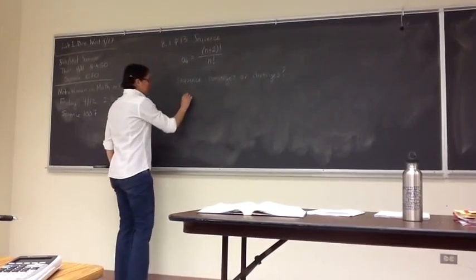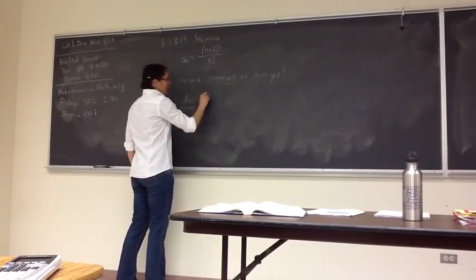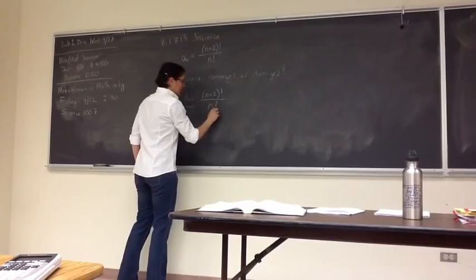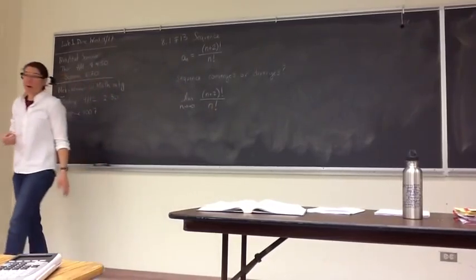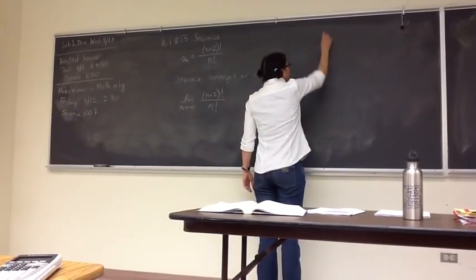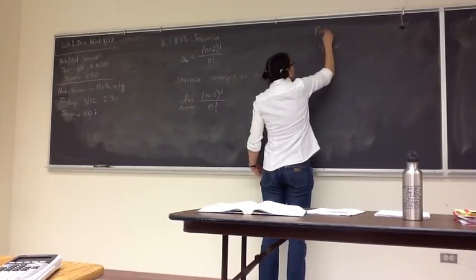So our job is to figure out the limit as n goes to infinity of (n plus 2) factorial over n factorial. So let's talk about what factorials mean.